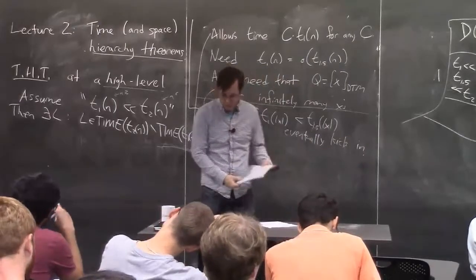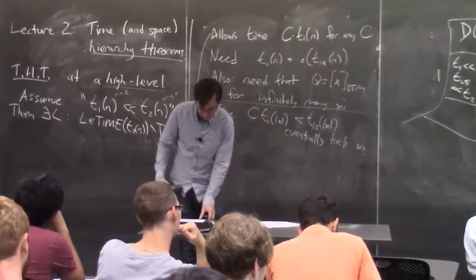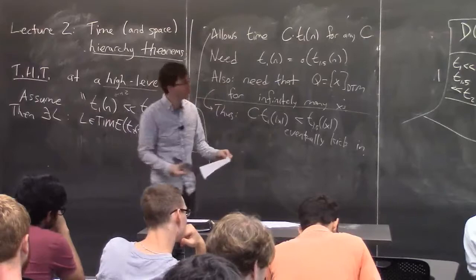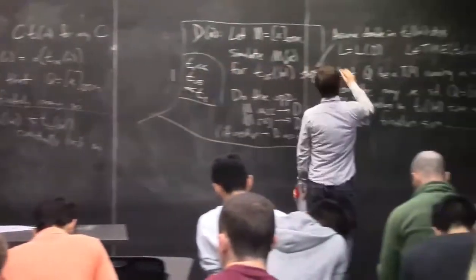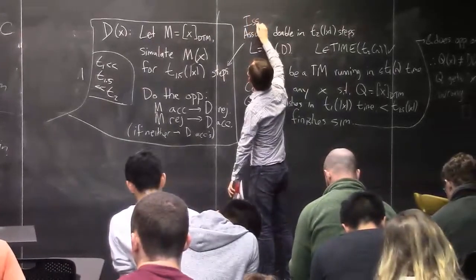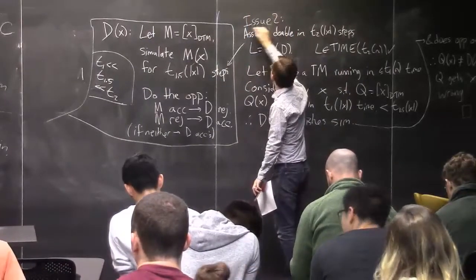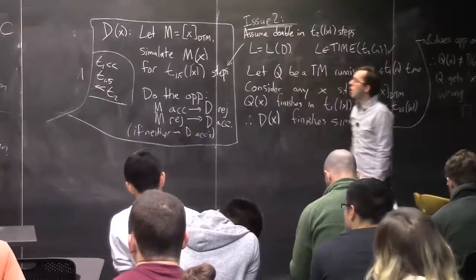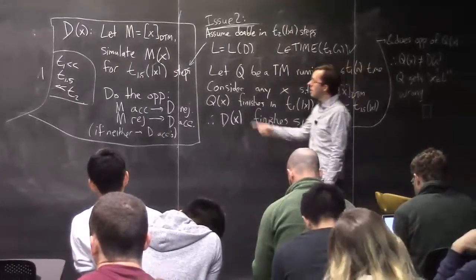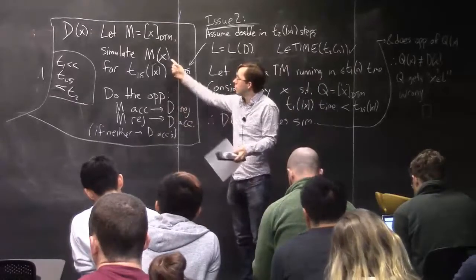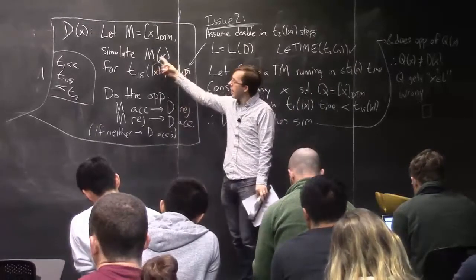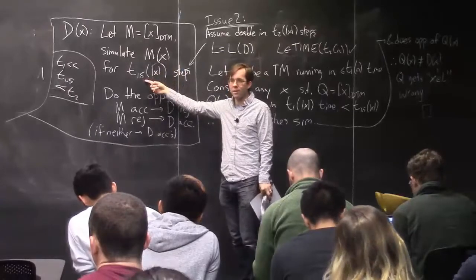Okay, so that's issue 1 with this proof, which we have solved in words. Issue 2 with the proof, it's not like a bug so much as something that just needs to be delved into, is this. So we assume that we can simulate this Turing machine. We have this description of a Turing machine in our hands, and we have a string x in our hands. We want to simulate m on x for this many steps.